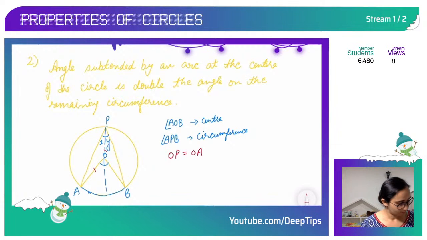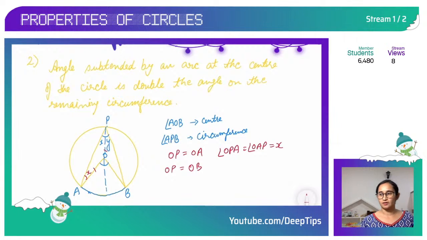So angle OPA equals OAP, both are X. Correct? Same way, you can see OP equals OB in triangle OPB, right? So this is also Y using the isosceles triangle.